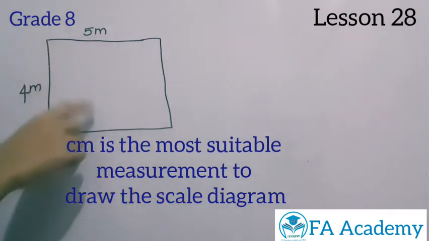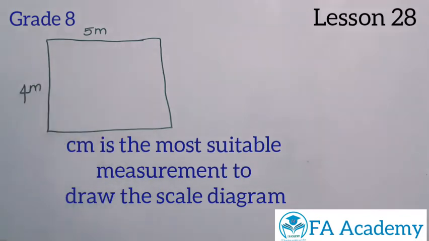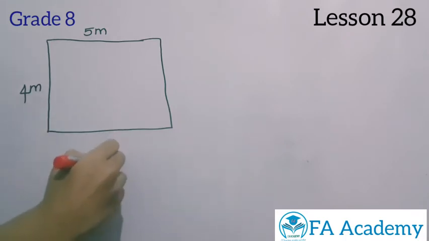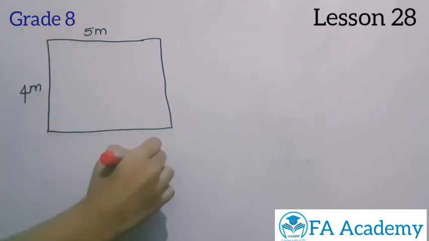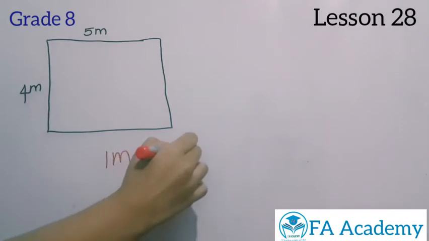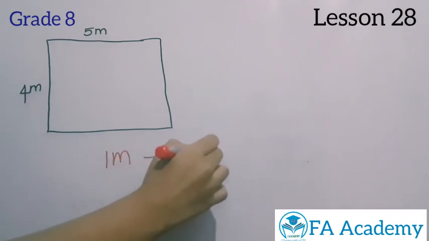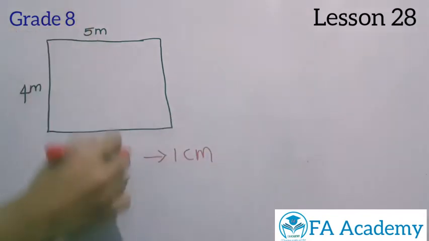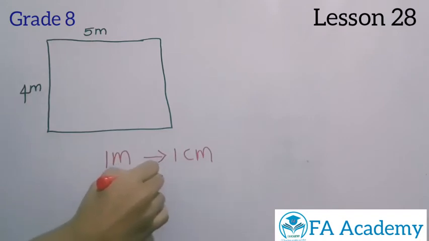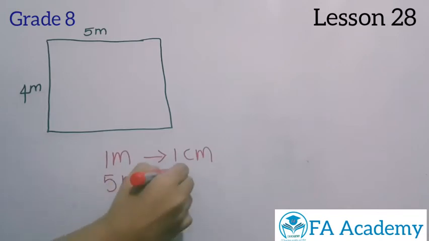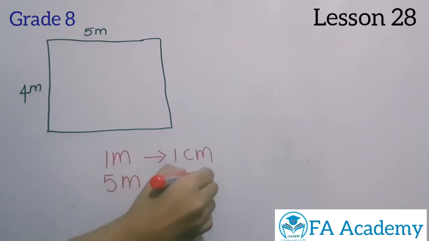So let's see how to convert this to centimeters. Here there is an important point to know. The easy way to convert is, when we consider 1 meter, which is the actual scale, as 1 centimeter, then for 5 meters you get how many centimeters? 5 centimeters.